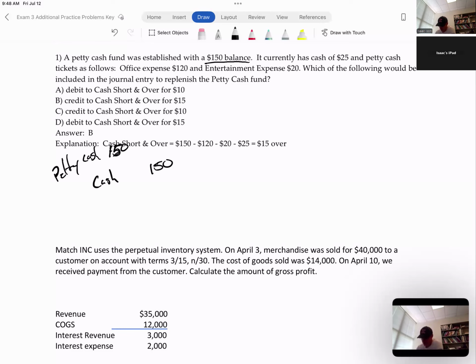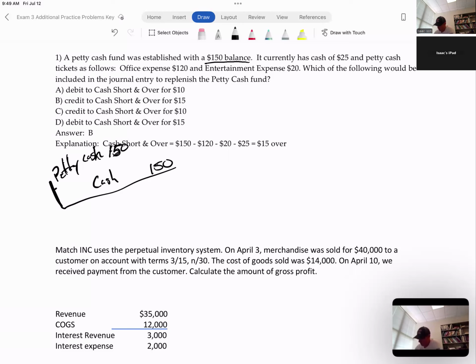What's interesting though is you don't end up doing anything with petty cash after that. You only debit it when you create the fund. At the end of the period, you need to do a journal entry to replenish the fund, and this is one journal entry that's required on the test.